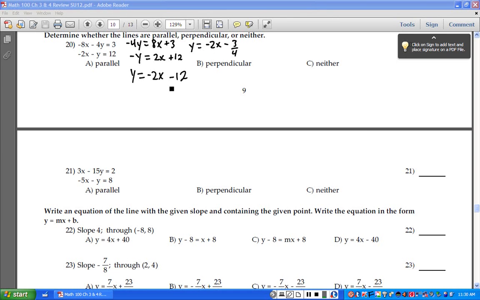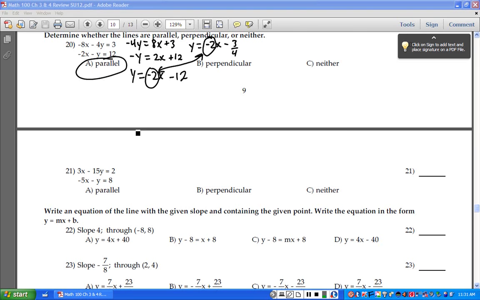So for 20, I notice that my first equation has a slope of -2. My second equation has a slope of -2. So when the slopes are the same in the two equations, the lines would be parallel to one another, because parallel lines have the same slope.